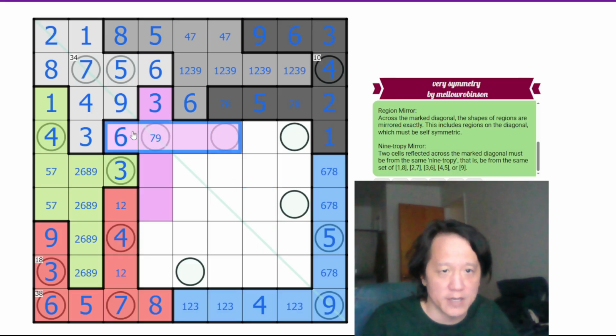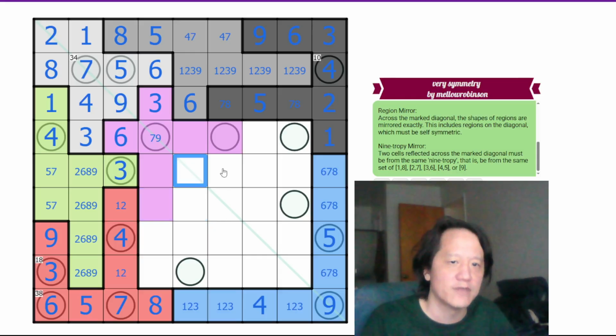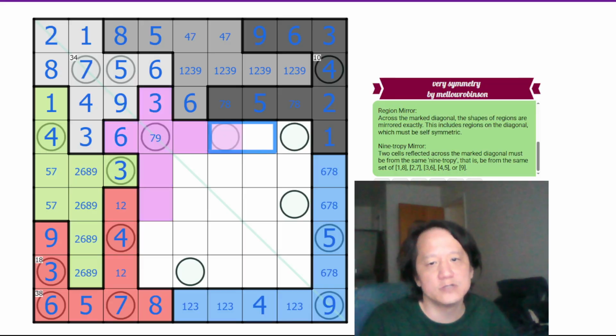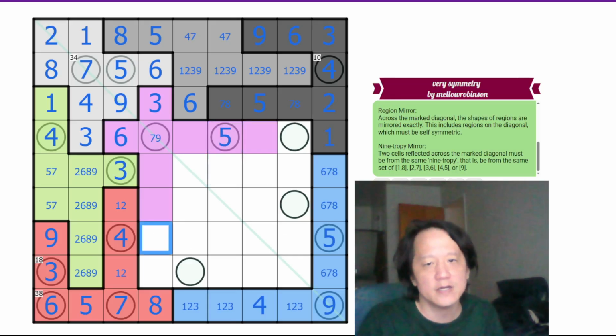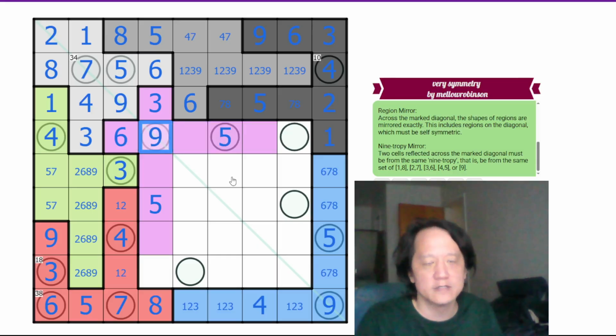This can't be C4. And it cannot go down here and then down here, because then this doesn't have a region. 2, 3, 4, 5, 6, 7. So therefore it must go see one more that way, so that sees 5. And then this must be the corresponding 4 to be there. And this sees 9 cells.